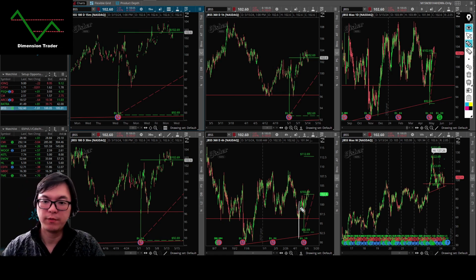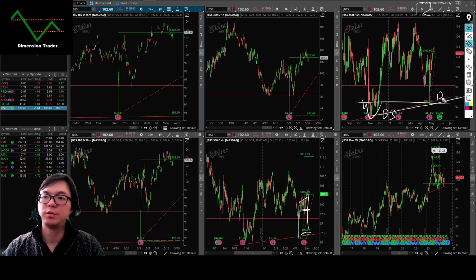First of all, we found a hammer right here, a big tail rejection right at the uptrend trend line we recognize in the day chart, where we see dimension 3 create dimension 2. Pricing bounced in the area where we have possible upside moving in the bigger time frame chart.